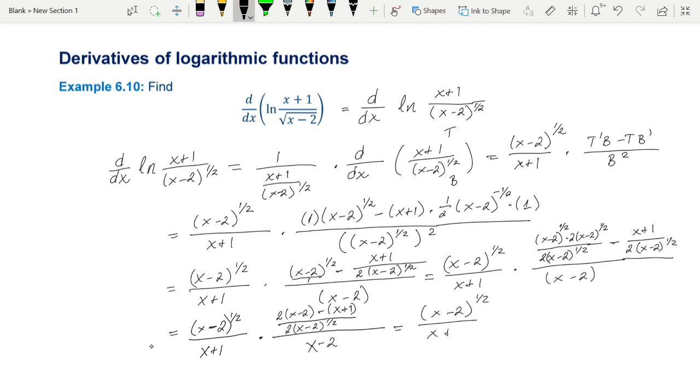So x minus 2 to the power of 1 half divided by x plus 1 times, let's clean up the numerator. So it's 2 times x minus x is just x, and then 2 times negative 2 is negative 4, and then minus 1, it's negative 5. And down on the bottom, I have x minus 2.